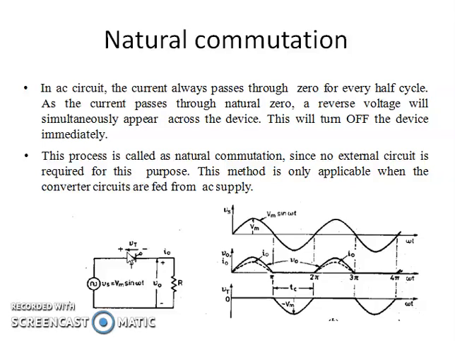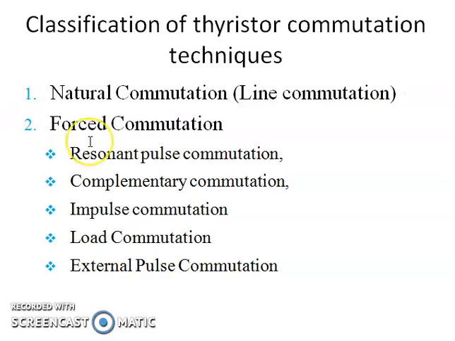The next type of commutation is forced commutation. In forced commutation, we are employing an external commutation circuit to turn off our SCR. That is, we are using some external commutation circuit to bring the anode current below the holding current, as well as to apply a negative voltage across the anode cathode terminals of a thyristor.